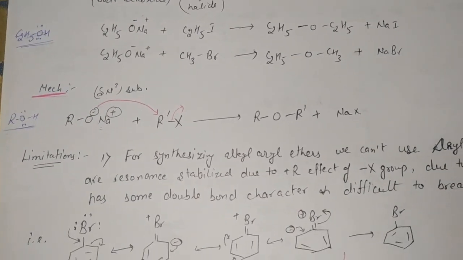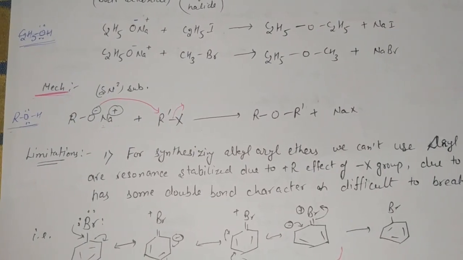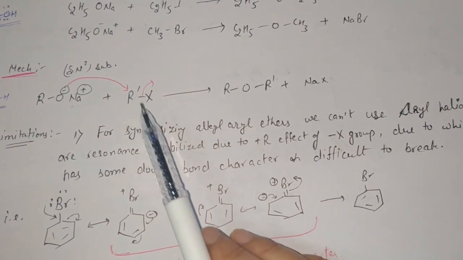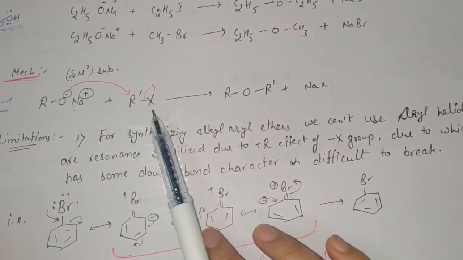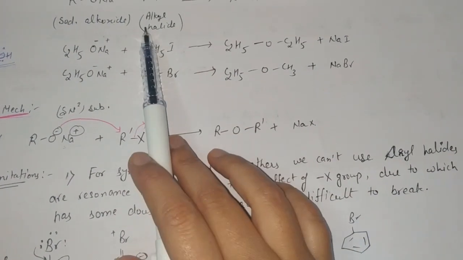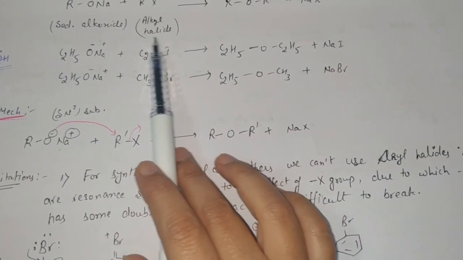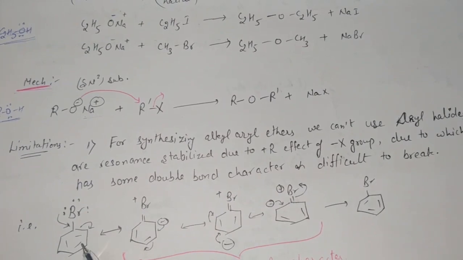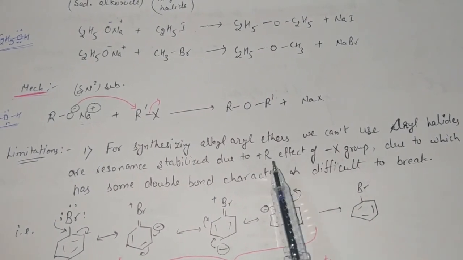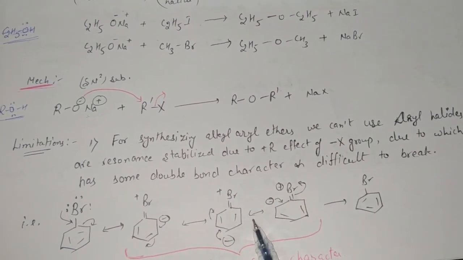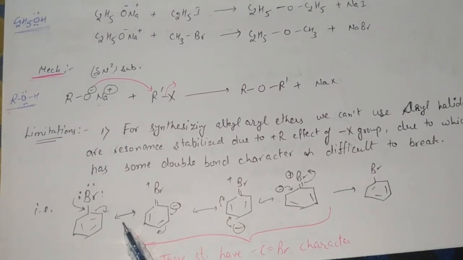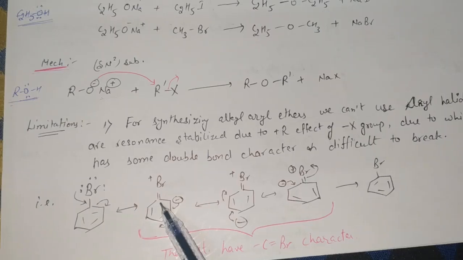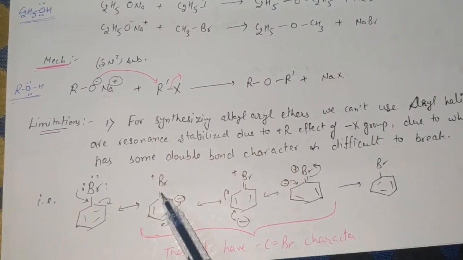Right? But this reaction has some limitations. The first one is that whenever we use a halide, we always use an alkyl halide, not an aryl halide. We can't use aryl halides in this reaction because they are resonance stabilized, due to which the carbon-bromine bond gets double bond character.